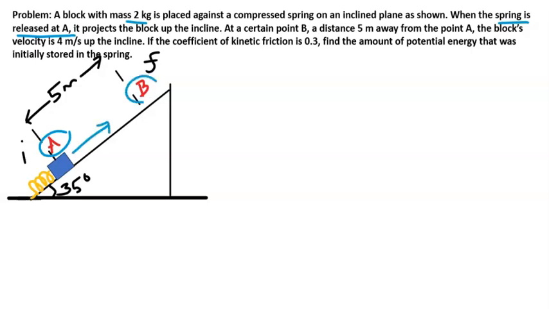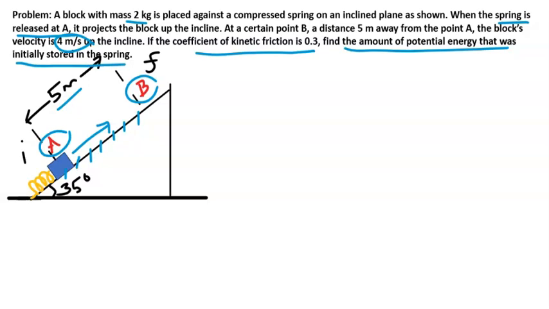At a certain point B, a distance 5 meters away from point A, the block's velocity is 4 meters per second up the incline. If the coefficient of kinetic friction is 0.3 between the block and the surface of that incline, find the amount of potential energy that was initially stored in the spring.